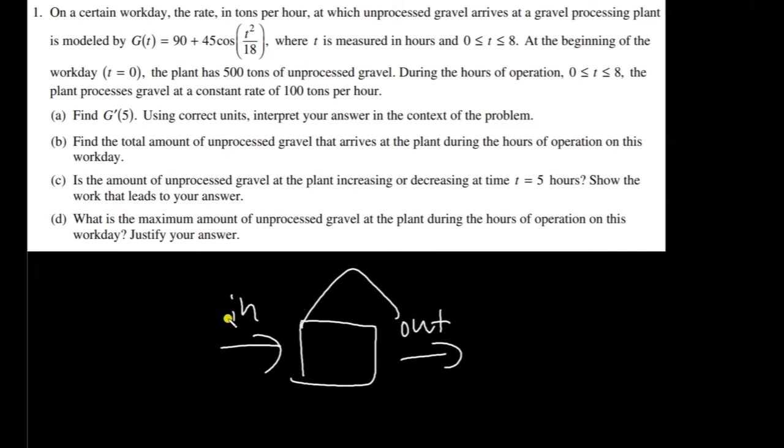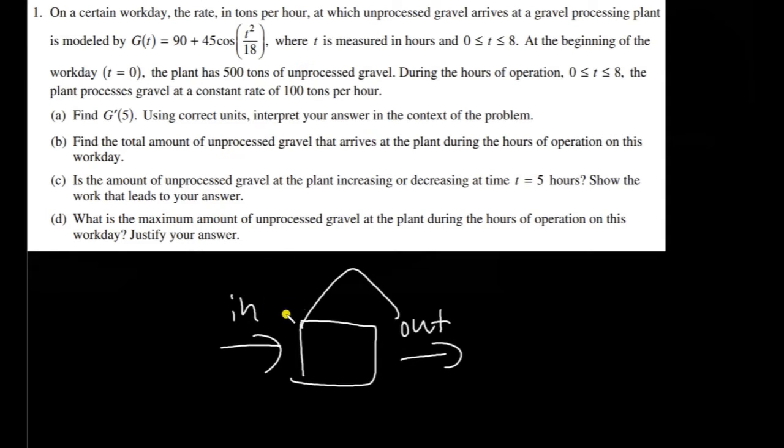If the amount coming in is more than the amount going out, then the amount of gravel is increasing. But if the amount going out is more than the amount coming in, then the amount of gravel is decreasing. So we have to think about which is greater at t equals 5, the amount coming in or the amount going out. That'll tell us if the amount of gravel is increasing or decreasing.